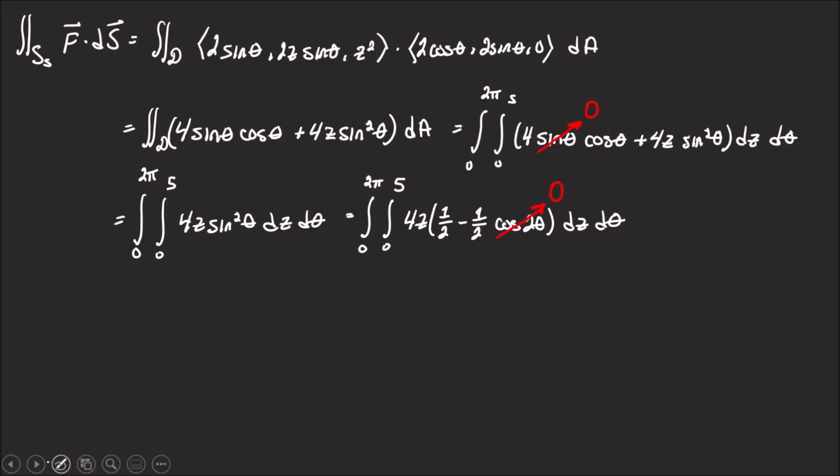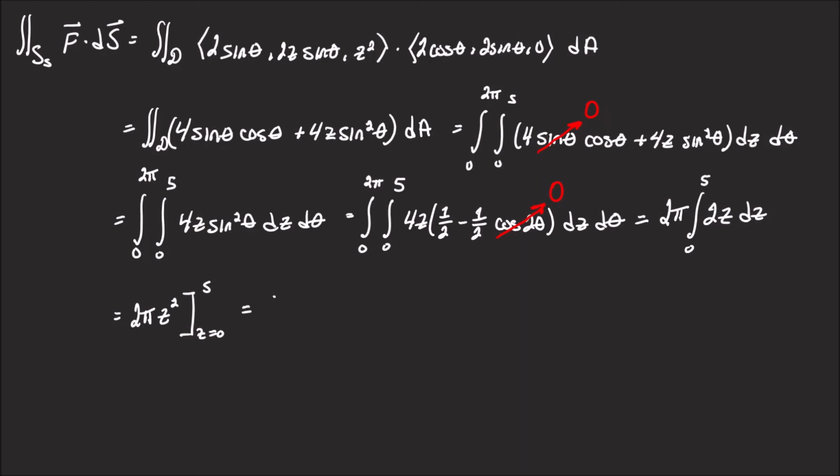So that cosine of 2 theta is going to integrate out to 0, and again effectively what we are left with is 2 pi times the integral from 0 to 5 of 2z dz. This will then become 2 pi z squared for z 0 to 5, which is 50 pi.